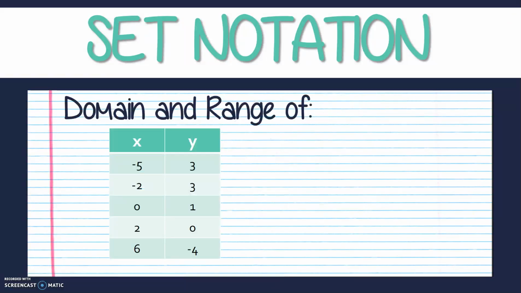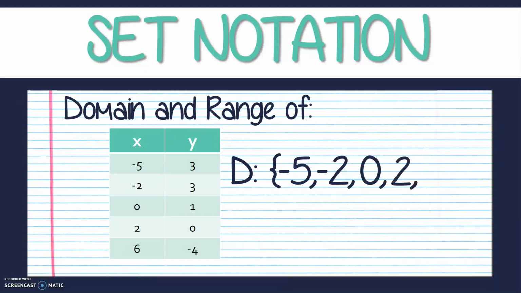We can do the same thing from a table. So when I list the table, the first column is always our x, which also is known as our domain, and the second column is always our y's, which would be our range. If there's anything repeated, we don't need to write it twice. So in this example of this table, the domain would be the numbers -5, -2, 0, 2, and 6.